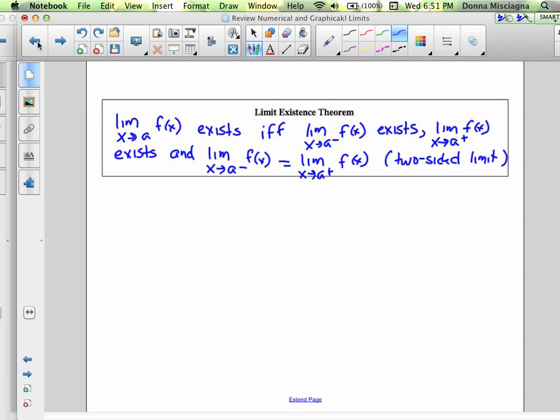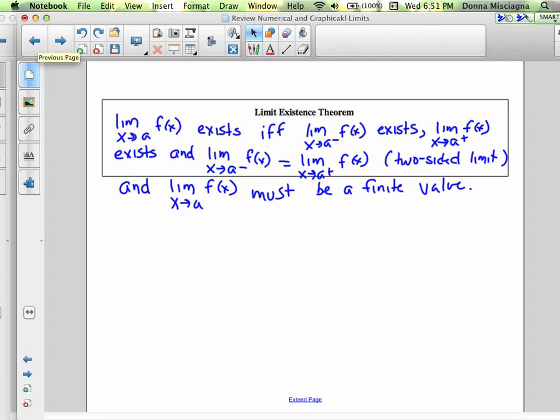Let's put one little caveat in here. Not only do they have to be the same, but the limit as x approaches a must be a finite value. Can't forget to say that, right?